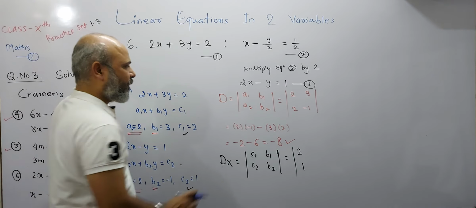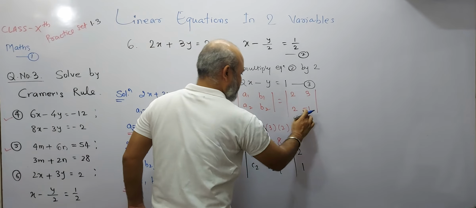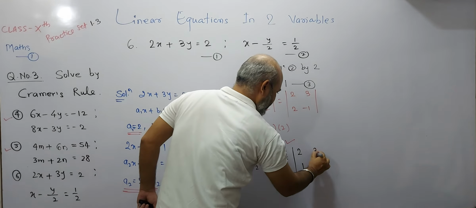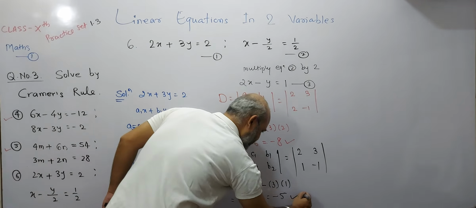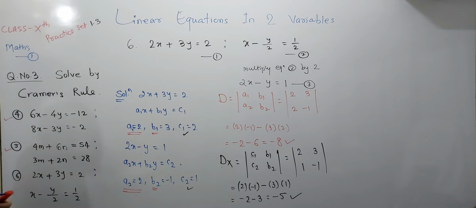B1 and B2, B1 is 3 and B2 is minus 1. So 3 minus 1. Now we will simplify. 2 multiplied by minus 1 minus 3 multiplied by 1. So you will get minus 2 minus 3 ones are 3, which is equal to minus 5. So this is the value of Dx.